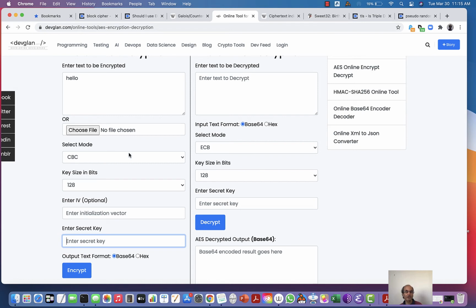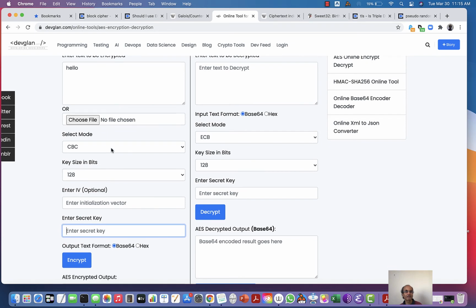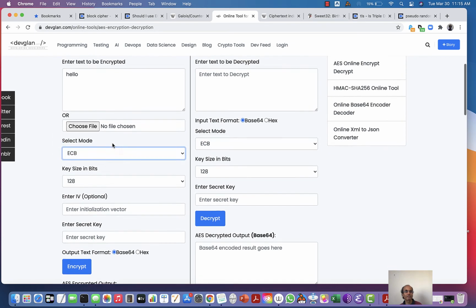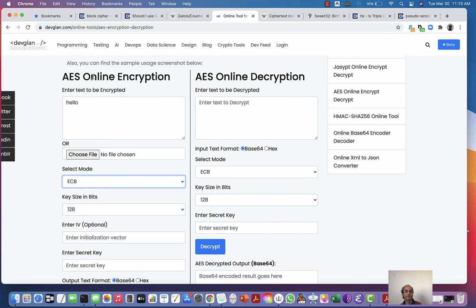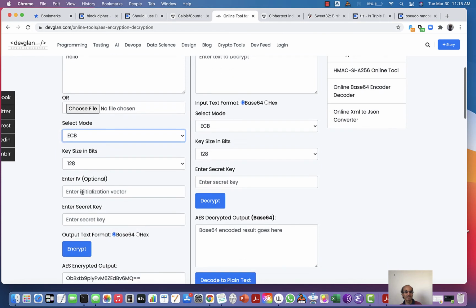But there are also these online calculators. So here, for example, is a calculator where I can select a mode. For example, ECB is going to encrypt with AES if I give it a key and an initialization vector. So let's try. I need a key that's 16 digits, so as to be 128 bits, and a similar length for the initialization vector.